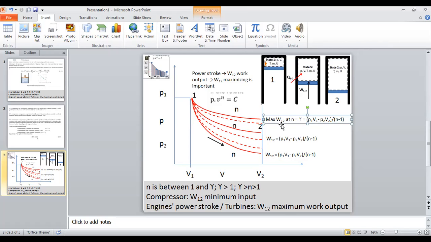And minimum W12 is at n equals 1. Minimum at n equals 1.